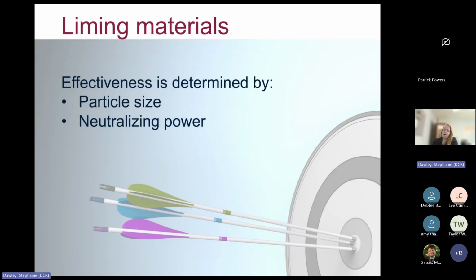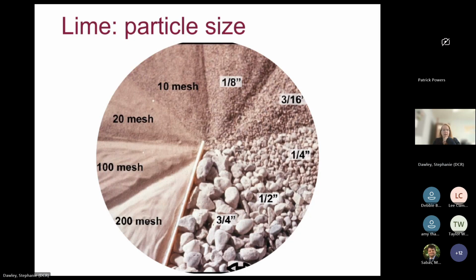So we're going to talk next about the different types of liming sources, because you don't have to go out and just buy limestone to increase your pH. There's several different varieties, and depending on the particle size, it's going to influence the neutralizing power. So here we have a lime particle size chart. And so here it's saying this 10 mesh is making it through, you basically get a screen.